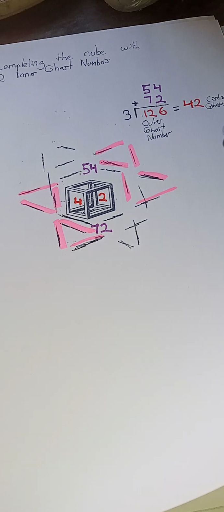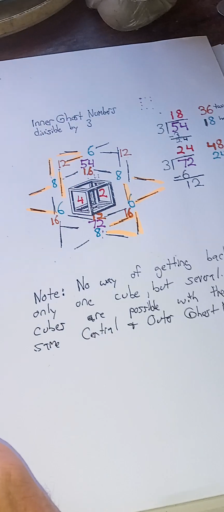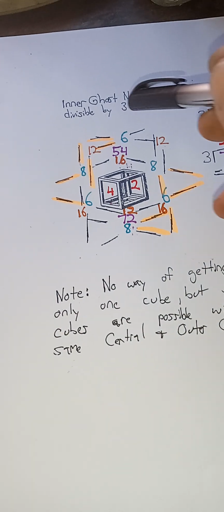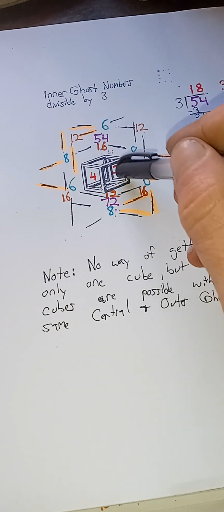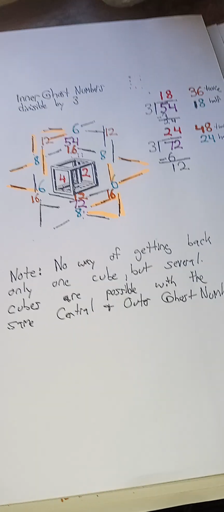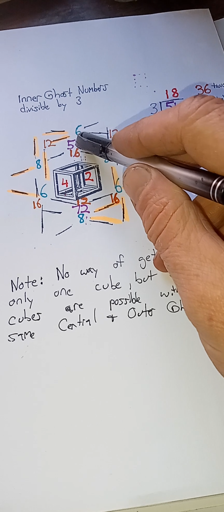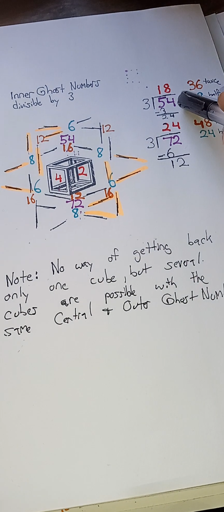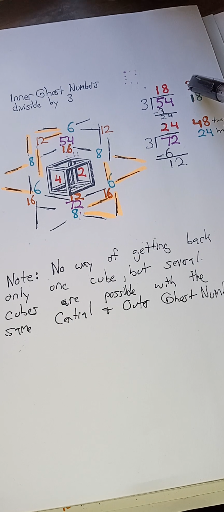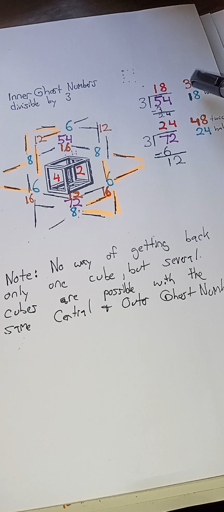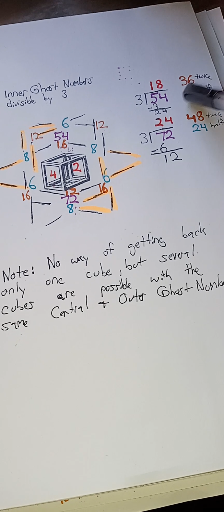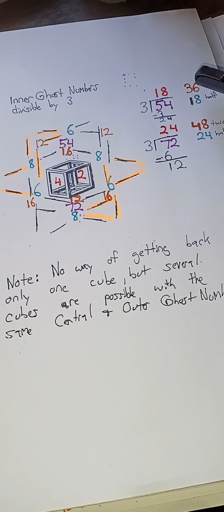Then the inner ghost number is divisible by 3. So 54, there's a part of it that's 2/3 and 1/3. 1/3 is the smaller part.